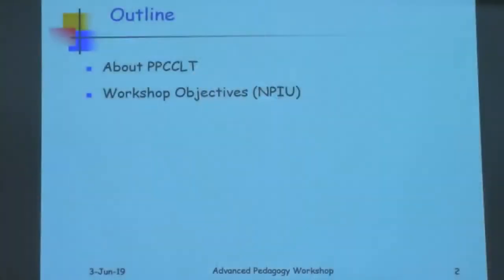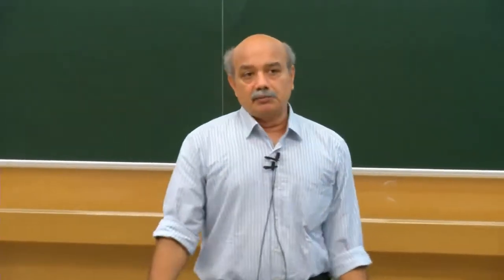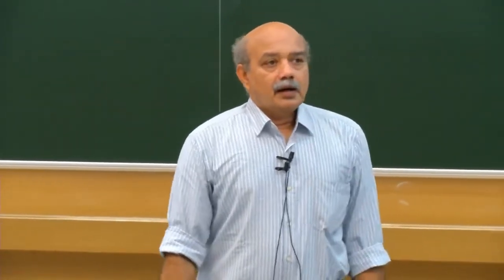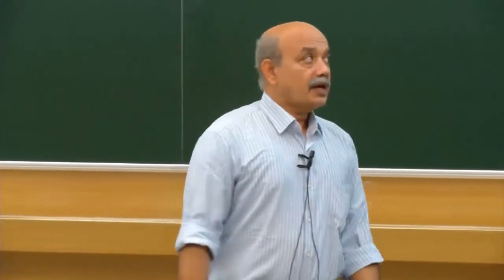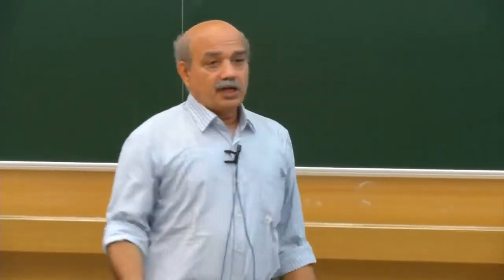The outline of my talk is this. Very briefly in the beginning, I'll say a few words about our center, then move on to the workshop objectives. What are the objectives that have been set by the National Program Implementation Unit for IIT Bombay? What is the theme that we have chosen?